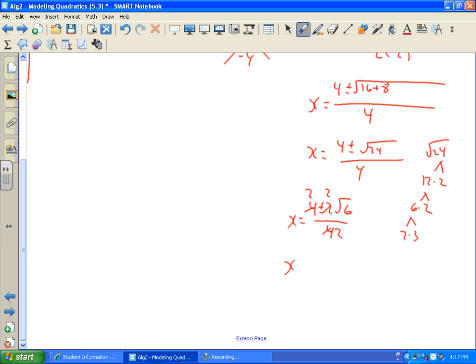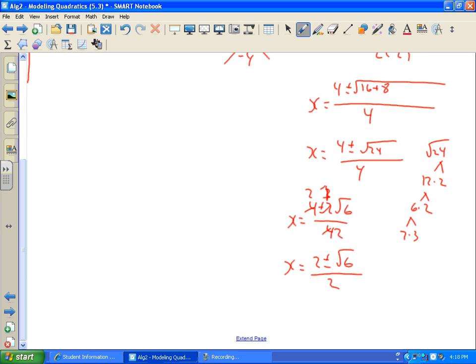That's going to give us 2 plus or minus the square root of 6 over 2. 2 goes into 4 twice, 2 goes into 4 twice, 2 goes into 2 once. That was my common factor. So now here's my solution to this problem. X equals 2 plus or minus the square root of 6 over 2.